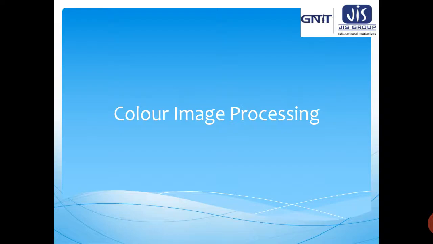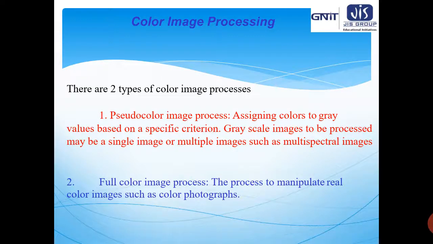Before starting with different types of processing, we have to know what color image processing is. There are two types of color image processing. One is pseudo color image processing and the other is full color image processing.